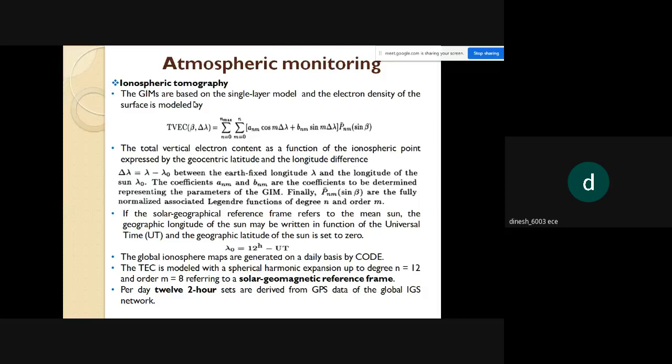Which can be obtained by summation n equal to 0 to n max, m equal to 0 to m, of A_nm cos m del lambda plus B_nm sin m del lambda, into P_nm sin beta.